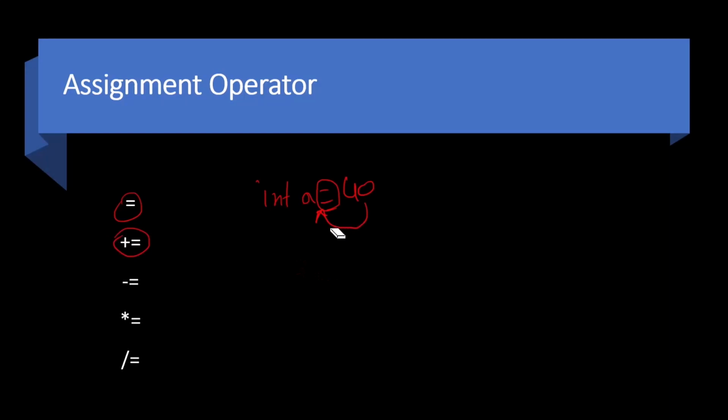For example, we have a equals 40. Now we can use a plus equals 2. It means a equals a plus 2, and similarly we can use a minus equals 2, which means a equals a minus 2.